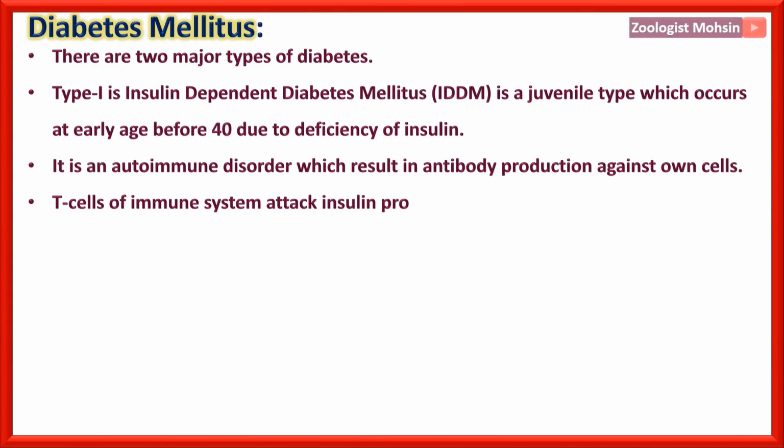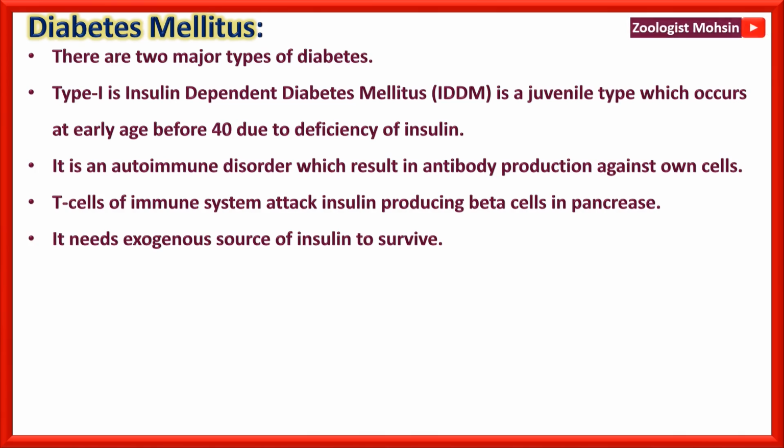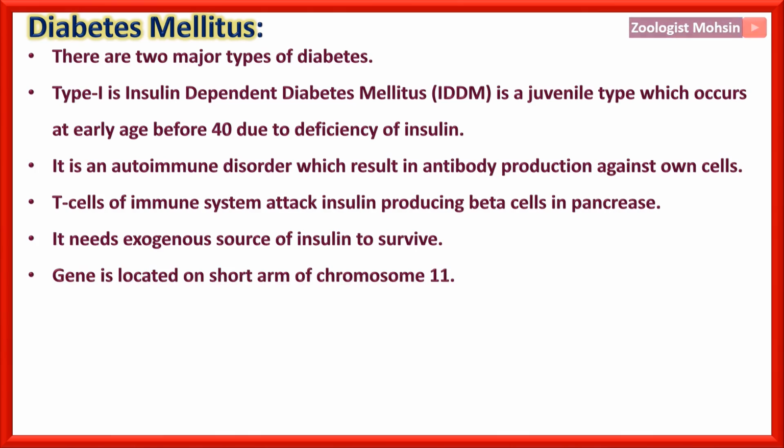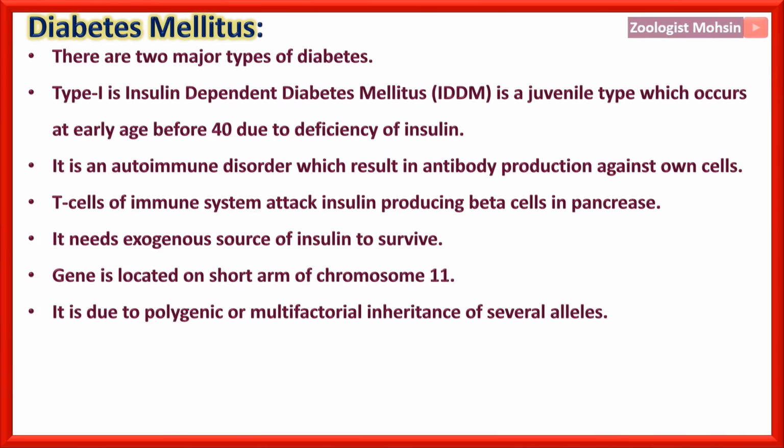T cells of the immune system attack insulin producing beta cells in the pancreas. It needs an exogenous or external source of insulin to survive. The gene for IDDM is located on the short arm of chromosome 11. It is due to polygenic or multifactorial inheritance of several alleles.